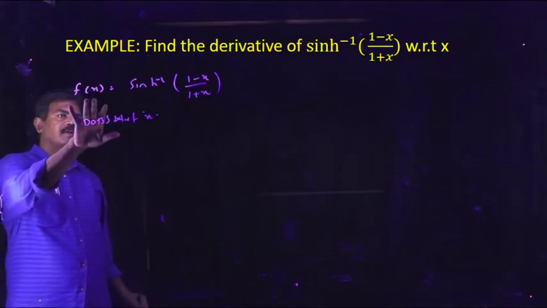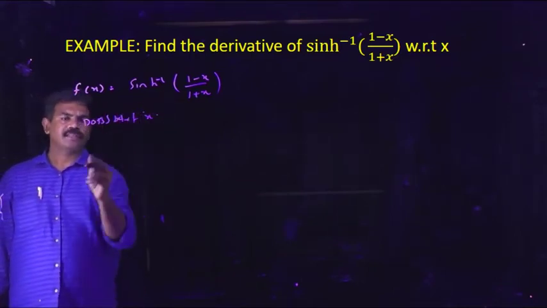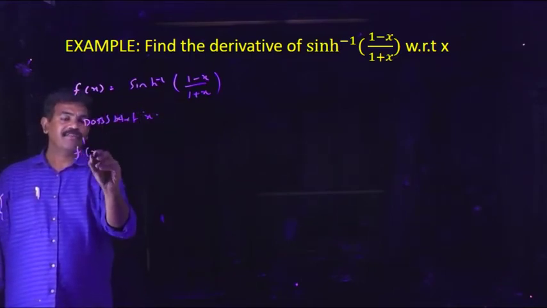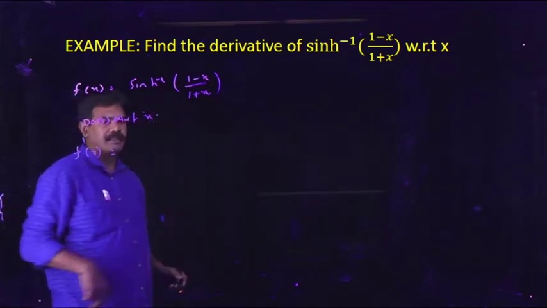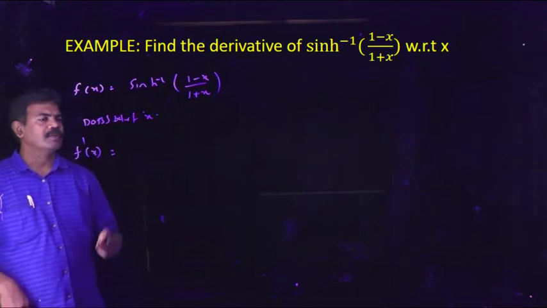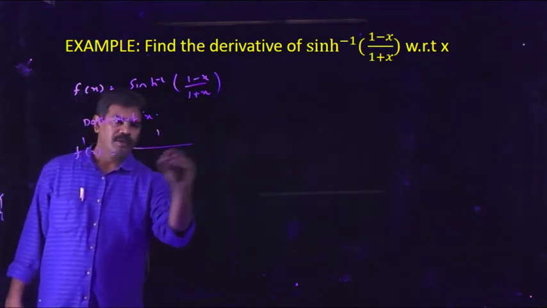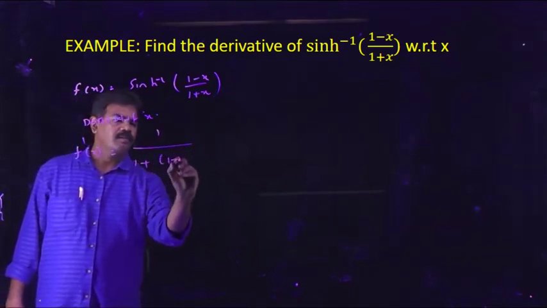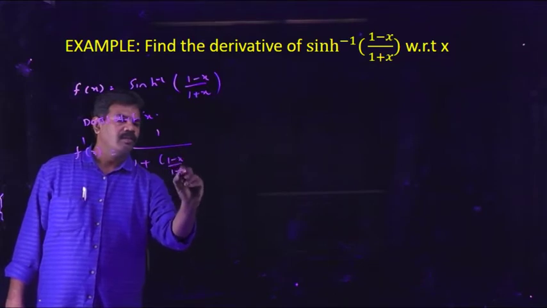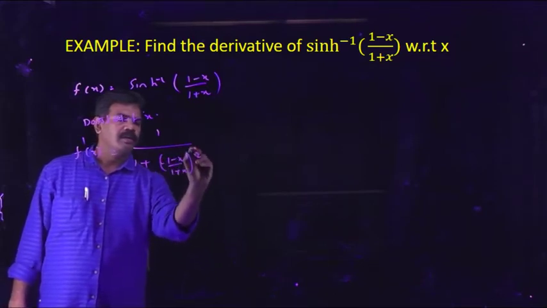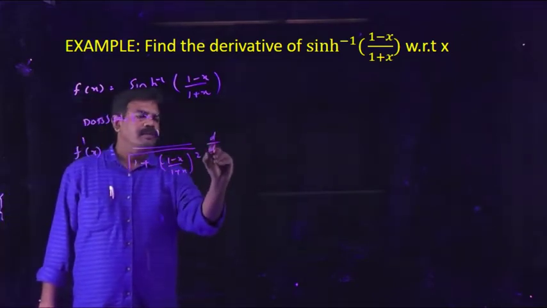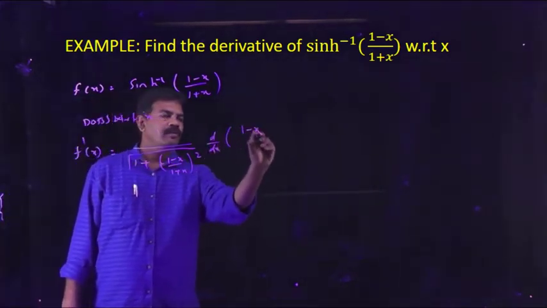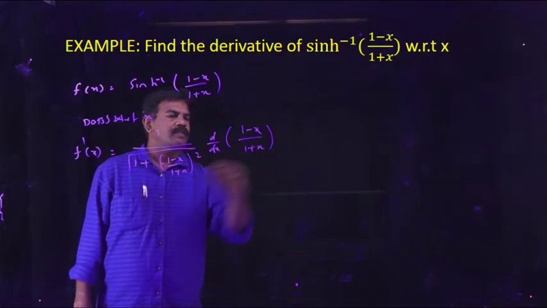Now it is in the form of sinh inverse x. The derivative f dash x is equal to, we know the formula for sinh inverse x, that is 1 by root of 1 plus x square, so it is 1 by root of 1 plus (1 minus x by 1 plus x) whole square into d by dx of (1 minus x by 1 plus x).